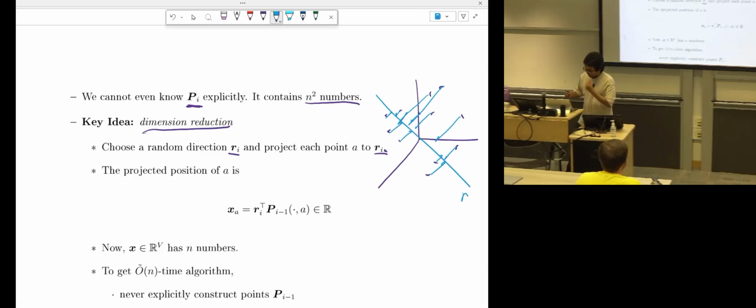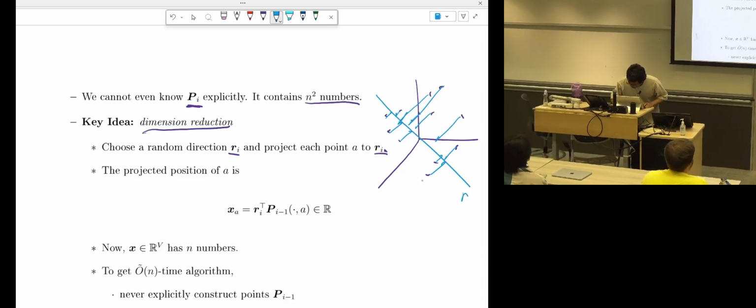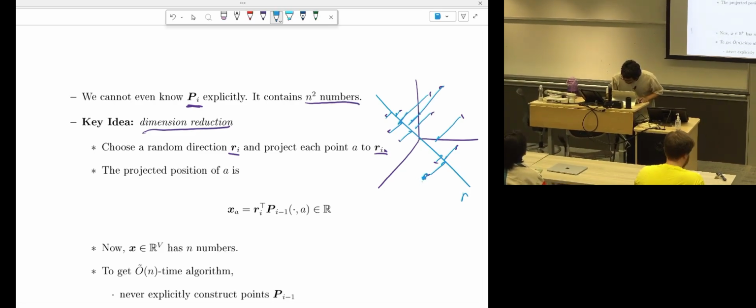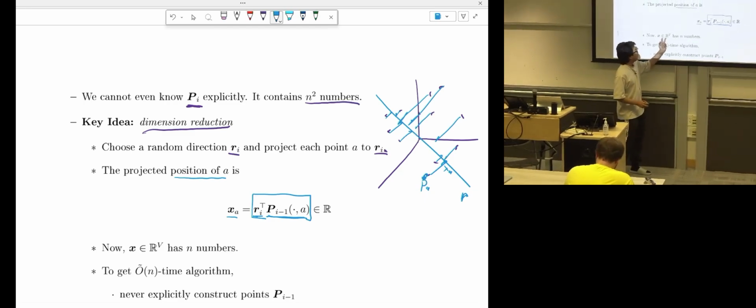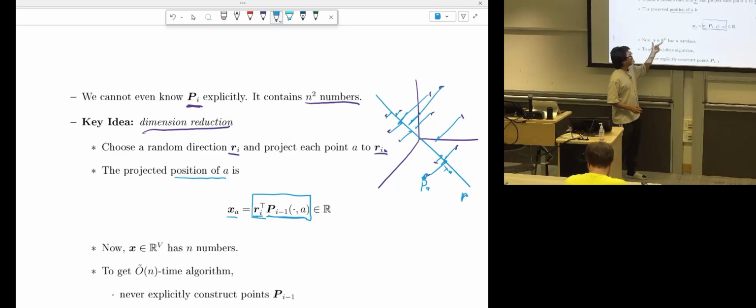Okay, so if this is point A, and this is R, and I project it, x of A, it just means I project this point to R, which is really just an inner product. So the projected point of each node A is the inner product of the point with the direction R. And the position of every node takes just one number.